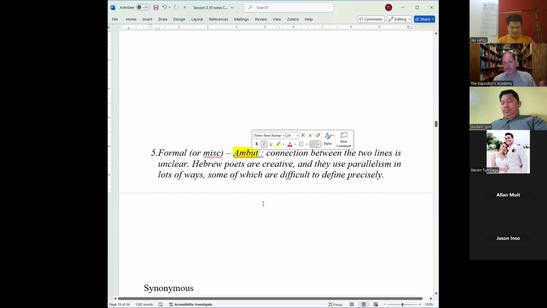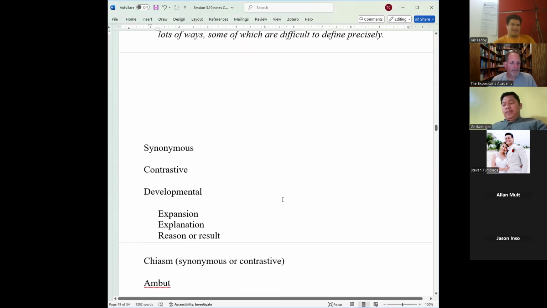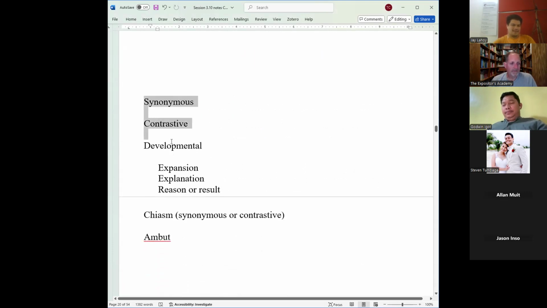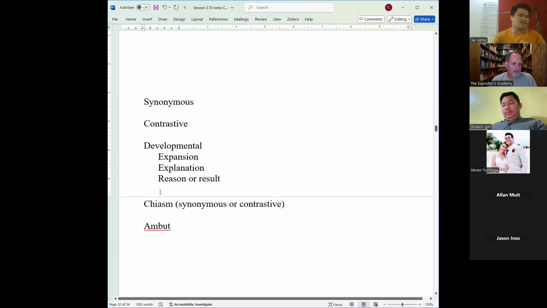There are times where you just say, I have no idea what to do here. Okay. So again, synonymous, contrastive, developmental, and then there's three kinds of developmental. A chiasm, which again will really be part of a synonymous or contrastive, and then but. All right, so that's a review.